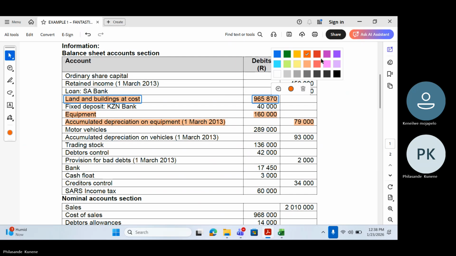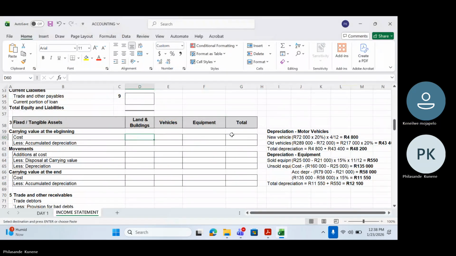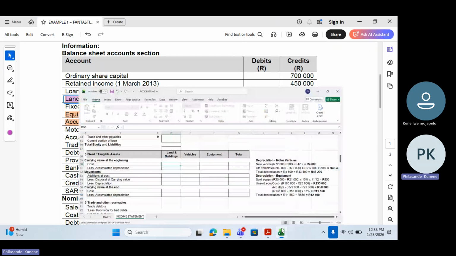Can you see this? Okay, so where does this go in our notes? It goes to the carrying value at the beginning. Carrying value at the beginning, yes, but it will start as the cost, 965,870.